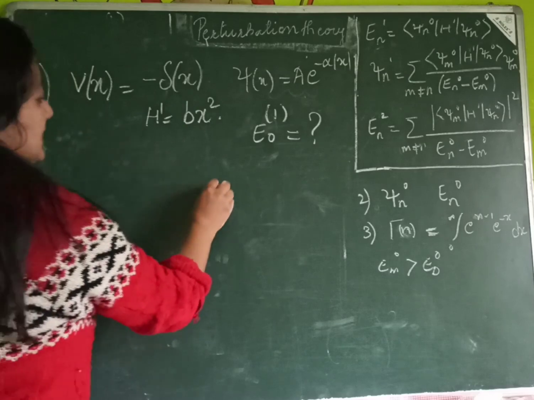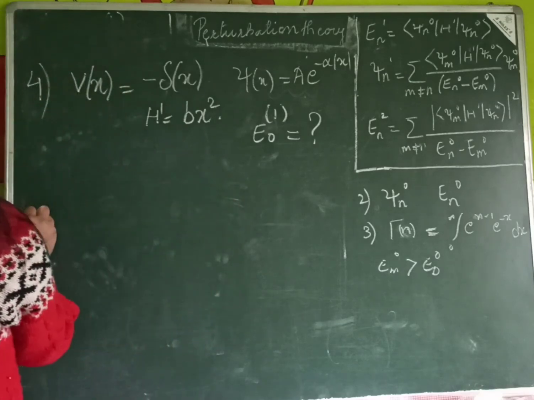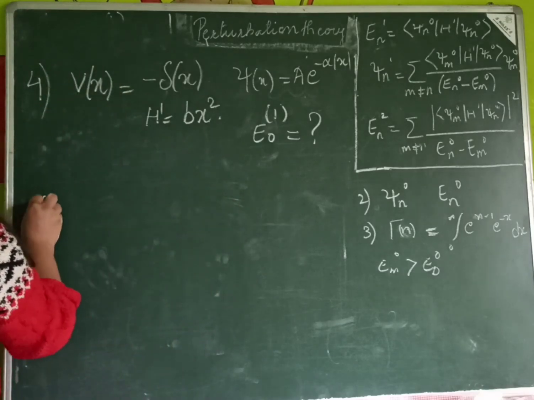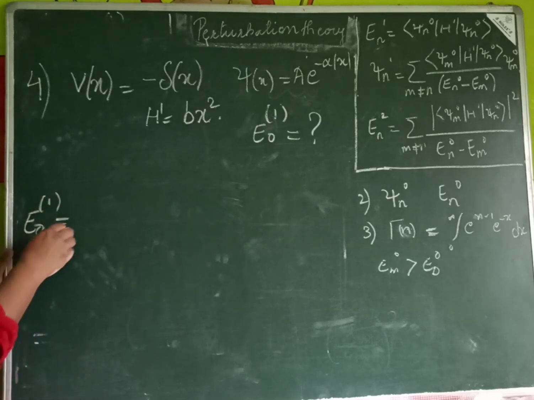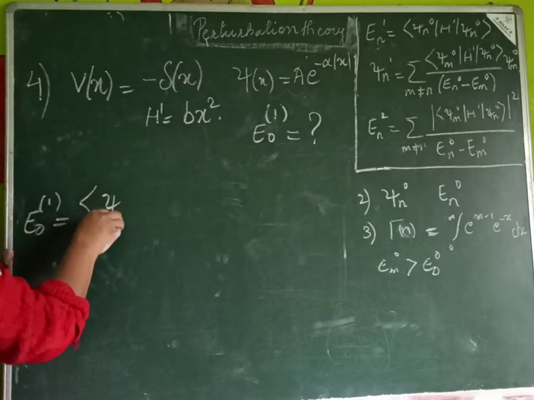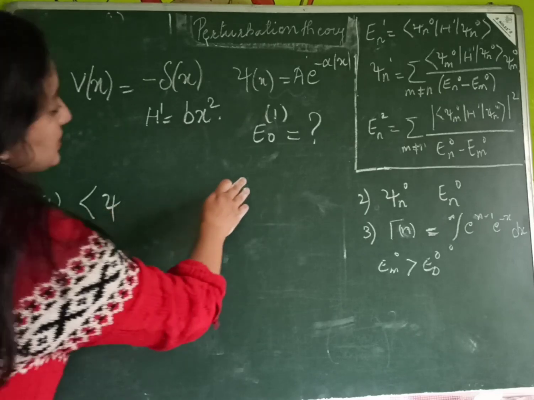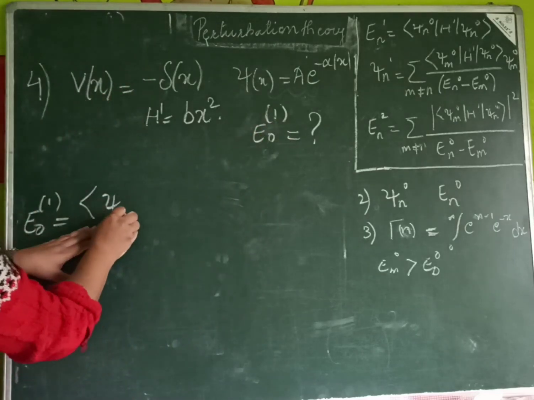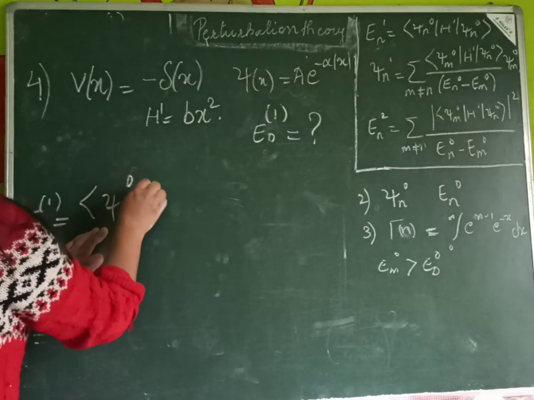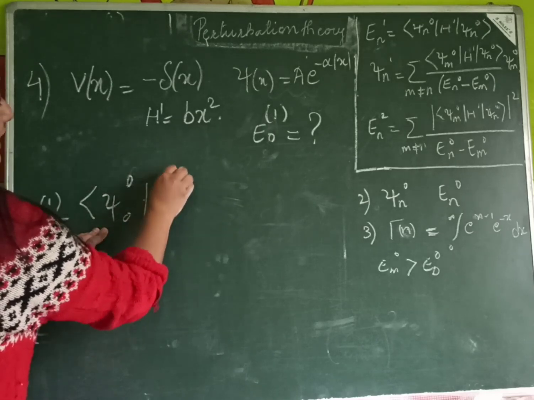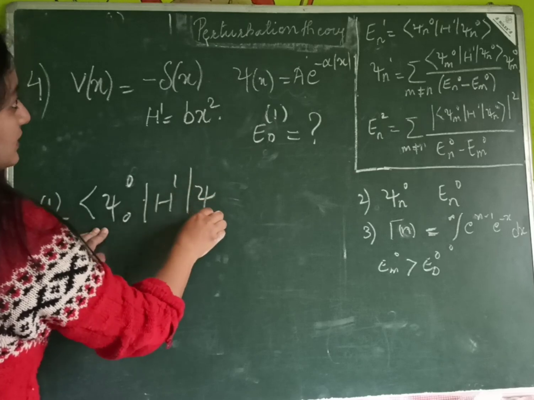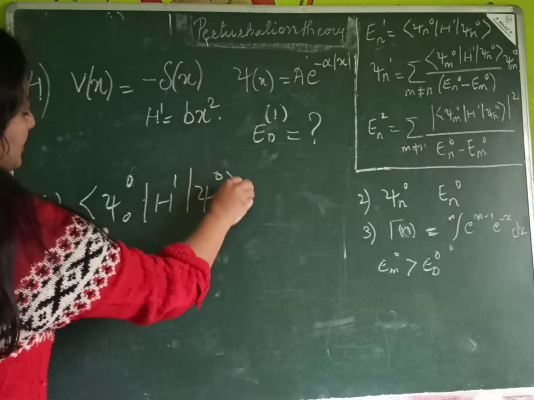To do that, my E0 1 is actually equal to psi 0 0, H prime, psi 0 0.